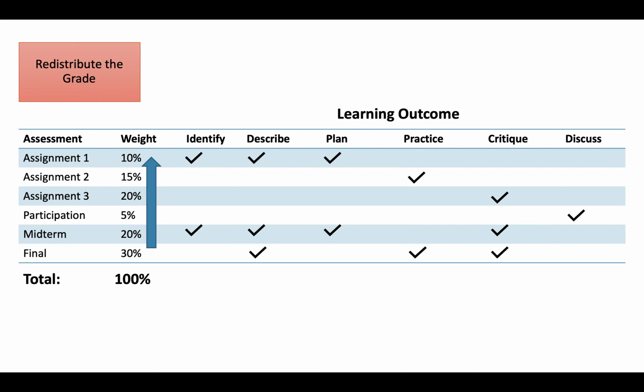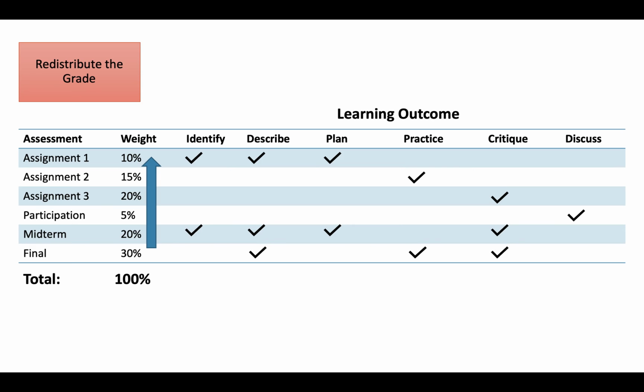But how is it that you go about making this decision? You wouldn't necessarily take that 30% and put it all on participation, for example. What we're encouraging you to do is to consider the learning outcomes that were achieved or were intended to be achieved through that final assessment.